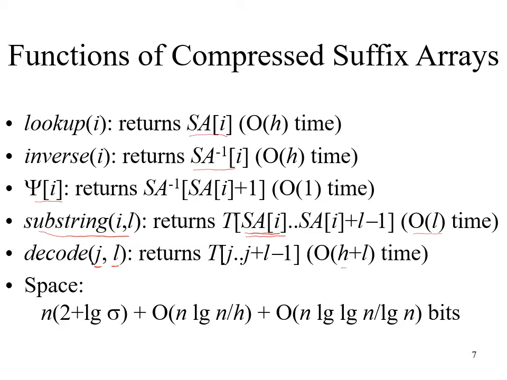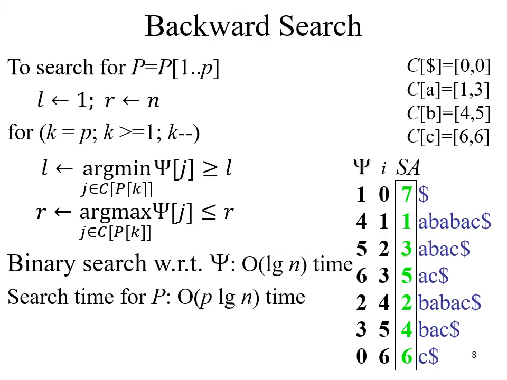The space is N times 2 plus log sigma plus order N log N divided by H plus order L log N over log N bits. The space is the same as the original compressed suffix array, but now we don't need to store T, and the query time complexity is improved.